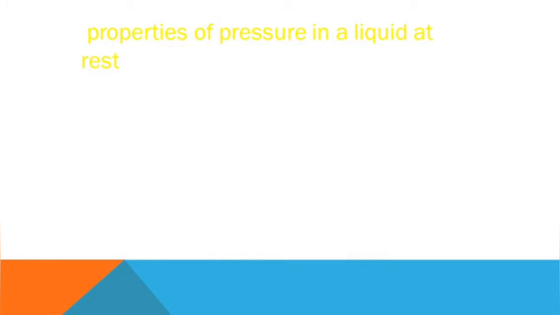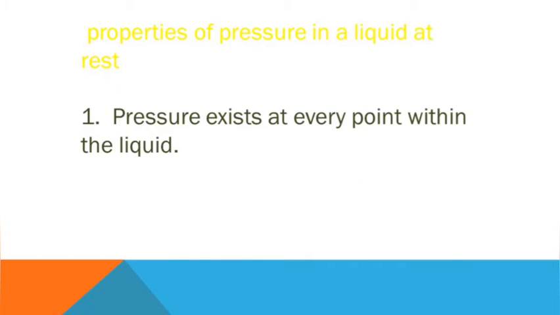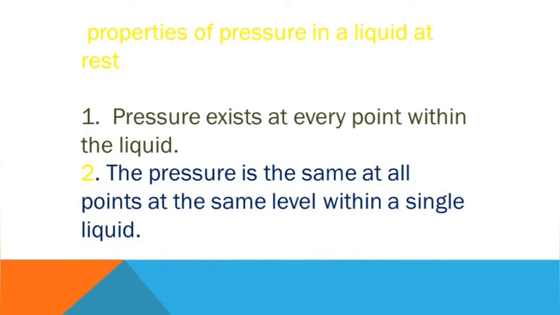Now it's time to see the properties of the pressure itself. So the pressure exists at every point within the liquid. Pressure of a liquid is everywhere in the given container. The pressure is the same at all points that are at the same level within a single liquid.